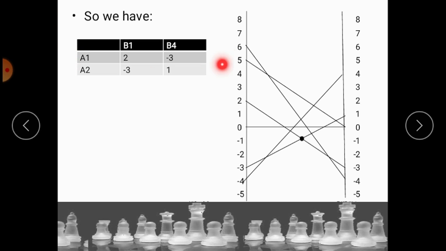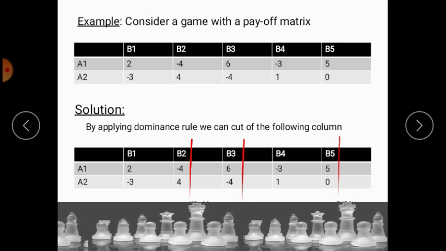This is the updated payoff matrix that we have, and this is how we are going to plot the table. We are going to draw the lines integer wise, from minus 5 to 8. The 8 is just for consideration; the maximum value in the payoff matrix is 6, so you can take it till 6 also.